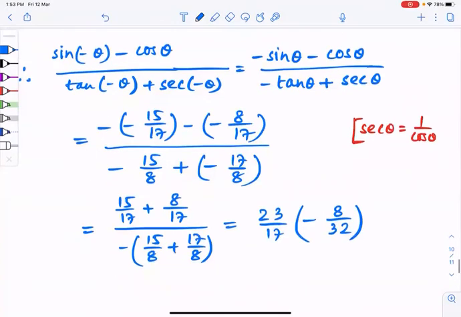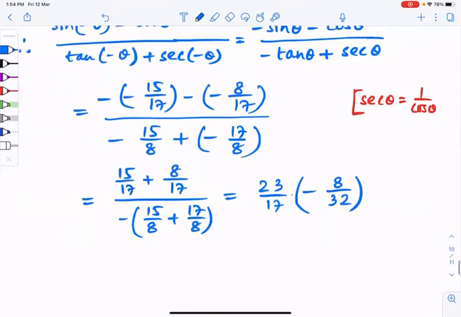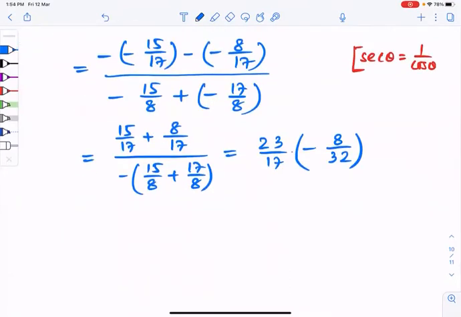So if I take the denominator and bring it in the numerator, it will be like this. And that is equal to, what are you getting finally? Of course, these two are cancelled and there will be a 4. So it is nothing but minus 23 by 68. That should be the answer.